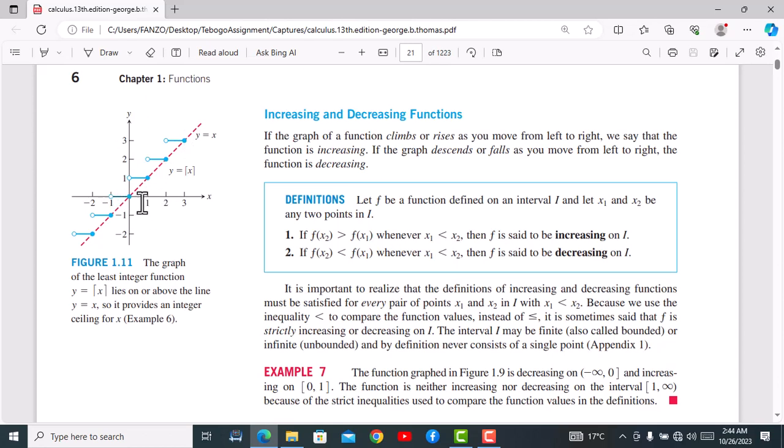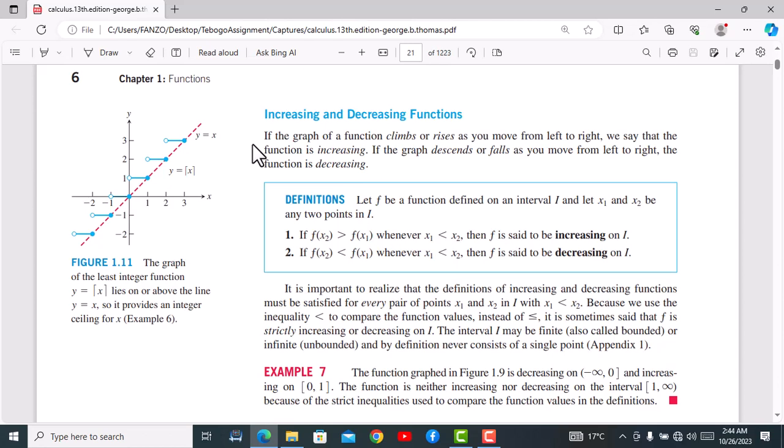For the x values that we have, if we are moving from the left towards the right and we are increasing the values of the domain, and by so doing our graph, our function is climbing or moving upwards, therefore we are saying it is increasing. If the graph of a function climbs or rises as you move from left to right, we say that the function is increasing.